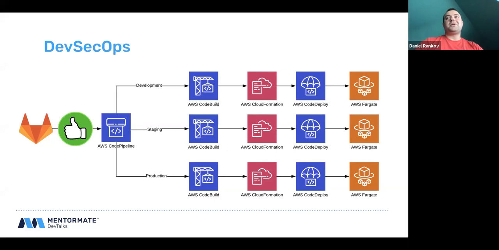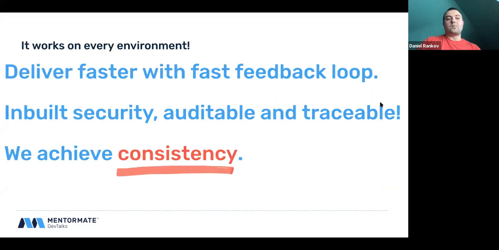And by having the infrastructure deployed in, of course, pipelines, we can have that in an automated fashion, which is really awesome. And we keep, of course, having the same pipeline to deploy the code and the application. We have full consistency over what we want to deploy. So perfect. Now we might say that it works on every environment because we have that consistency, right? We have that full approach.